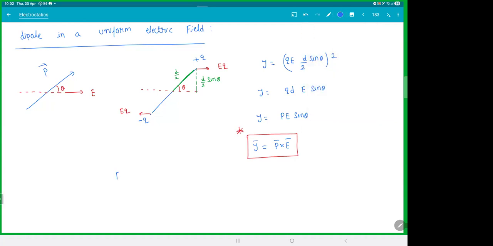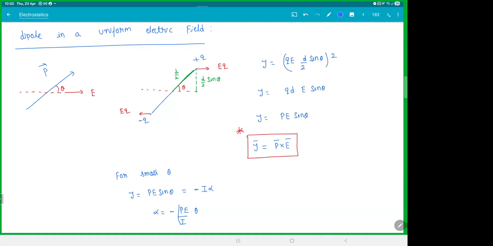And for small theta, suppose you disturb it by small theta, then torque PE sine theta is equal to minus I alpha. So we get alpha is equal to minus PE by I theta. This is an angular SHM. So the dipole will actually oscillate.